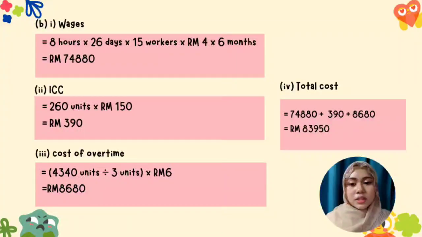For the cost of overtime, we got 8,618 ringgit. So for the total cost, we need to add all the costs that we calculated before, which are wages, inventory carrying cost, and cost of overtime, which is equal to 83,950 ringgit.